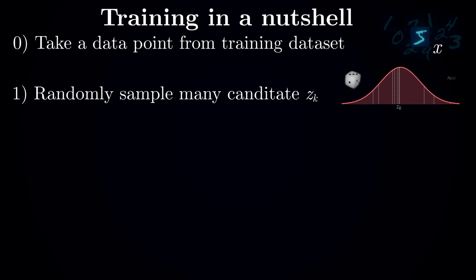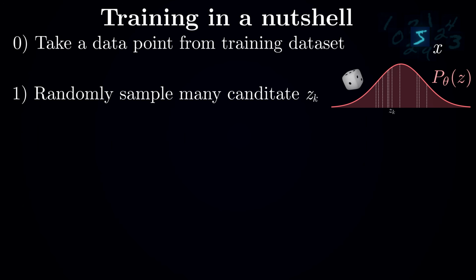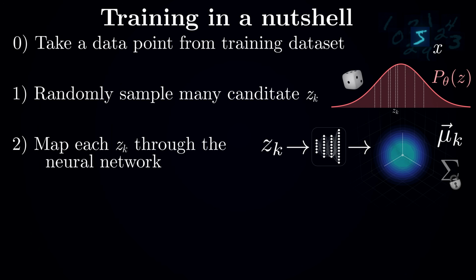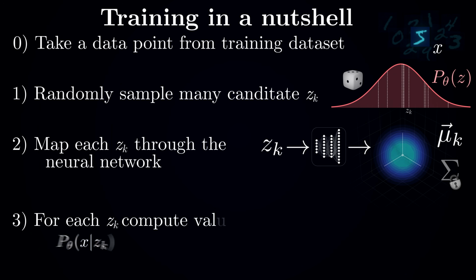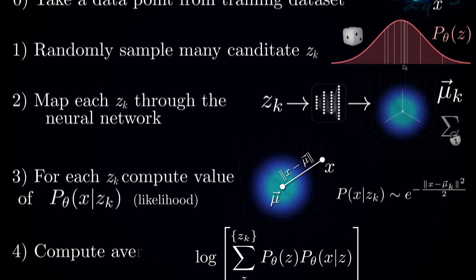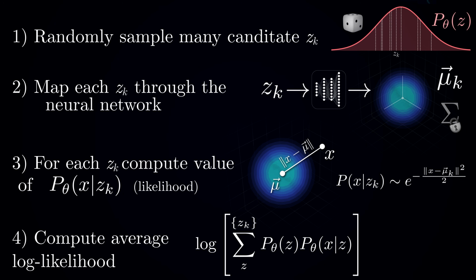We can first sample a bunch of latent values from the prior distribution using our current model parameters, transform each sampled latent value into the parameters of the conditional distribution, evaluate how well our actual data point fits each of these conditional distributions, average these probabilities across all sampled latent values, and compute the logarithm of this average, which is what we want to maximize.